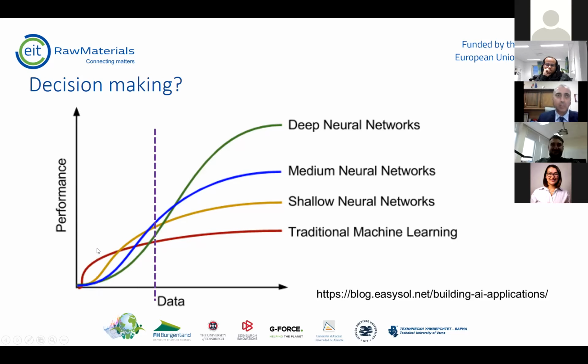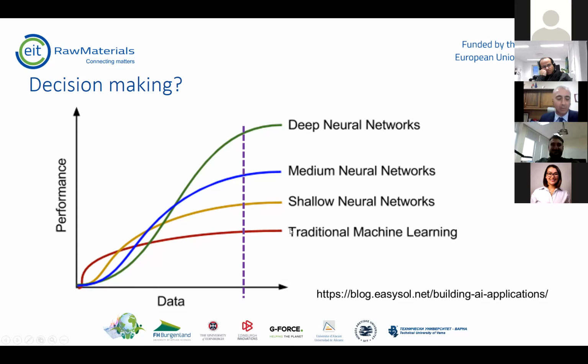And when you have more data, you can try the different approaches and see which one is more appropriate for your application. And when you have plenty of data, you can really go for deep neural networks because they can really learn from your data. They can learn the representation, the content of your data, while the traditional machine learning methods actually depend on constructing features manually.